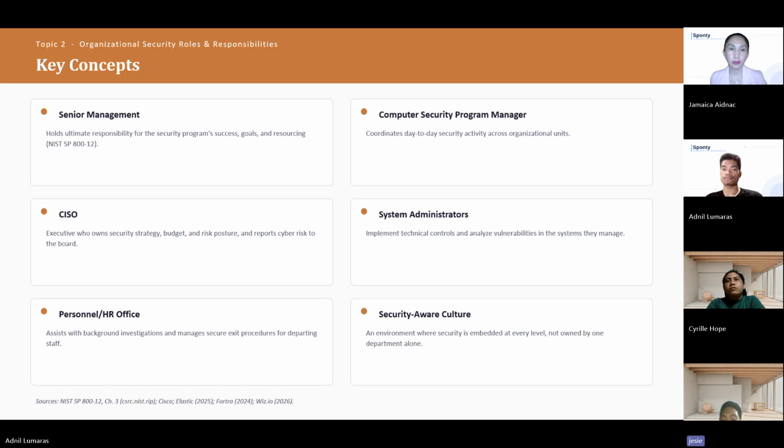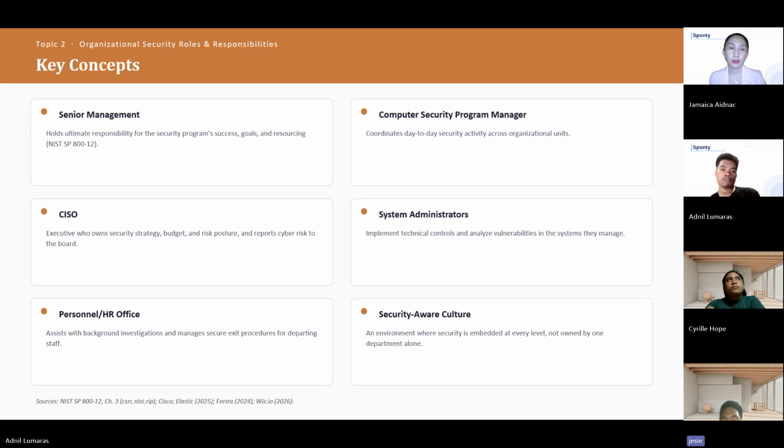When an incident does happen, the CISO is often the person coordinating the technical response, communicating with affected stakeholders, and in serious cases becoming the public face of the organization during and after a breach.